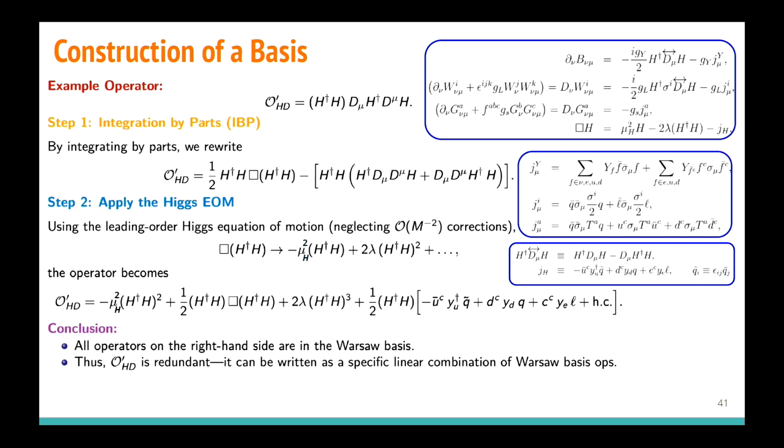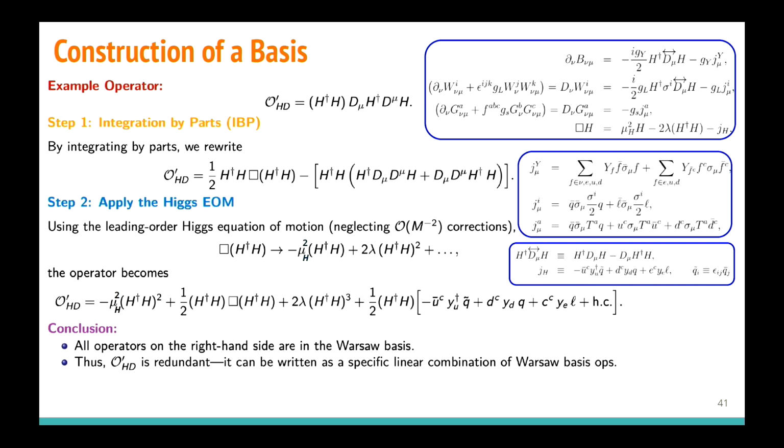We get that O_HD prime can be written in terms of H^dagger H box H^dagger H minus this quantity. Then if we apply the equations of motion, box of H^dagger H goes to minus mu_H squared H^dagger H plus 2 lambda (H^dagger H) whole squared.